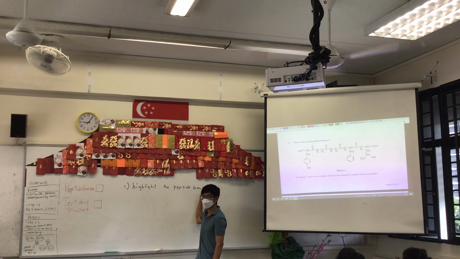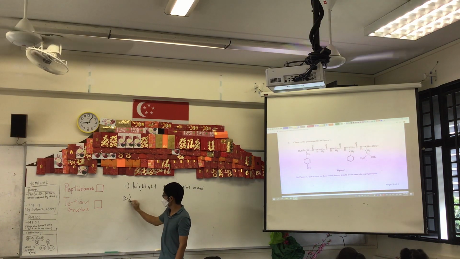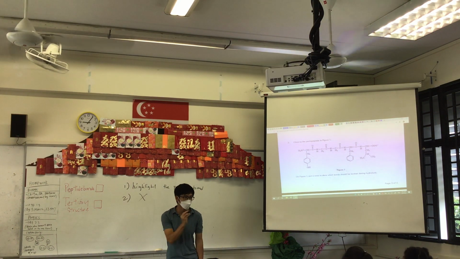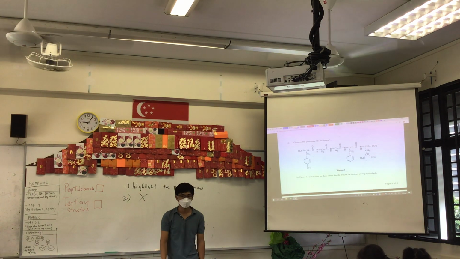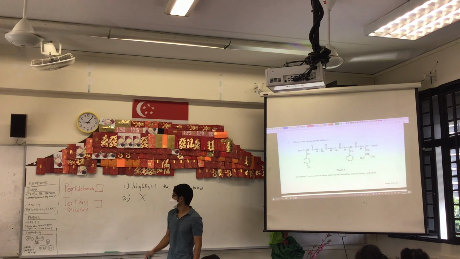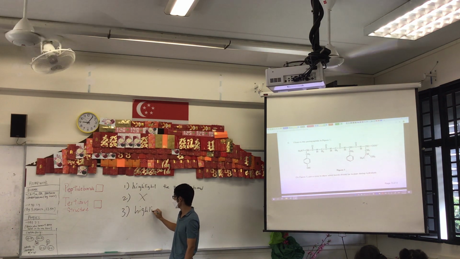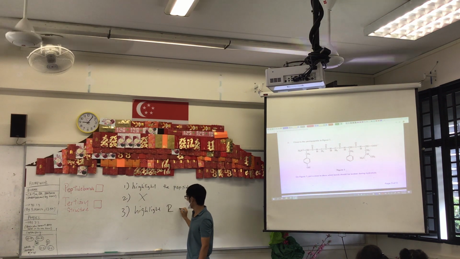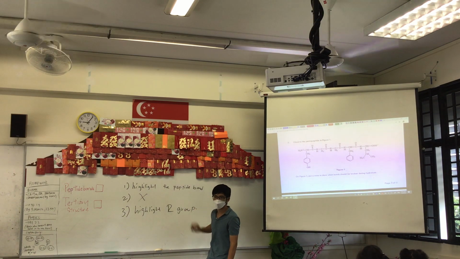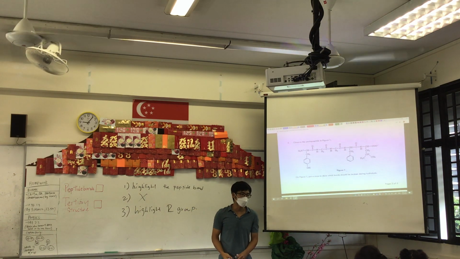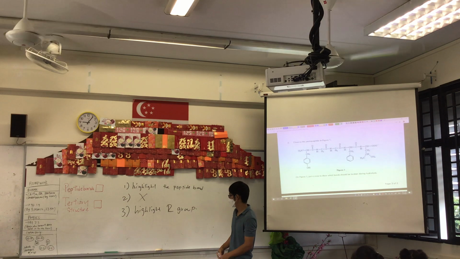First practice. Number 2, can you put an X at where exactly you would hydrolyze it? Number 3, can you highlight in another color the R group of each amino acid? Keep practicing.